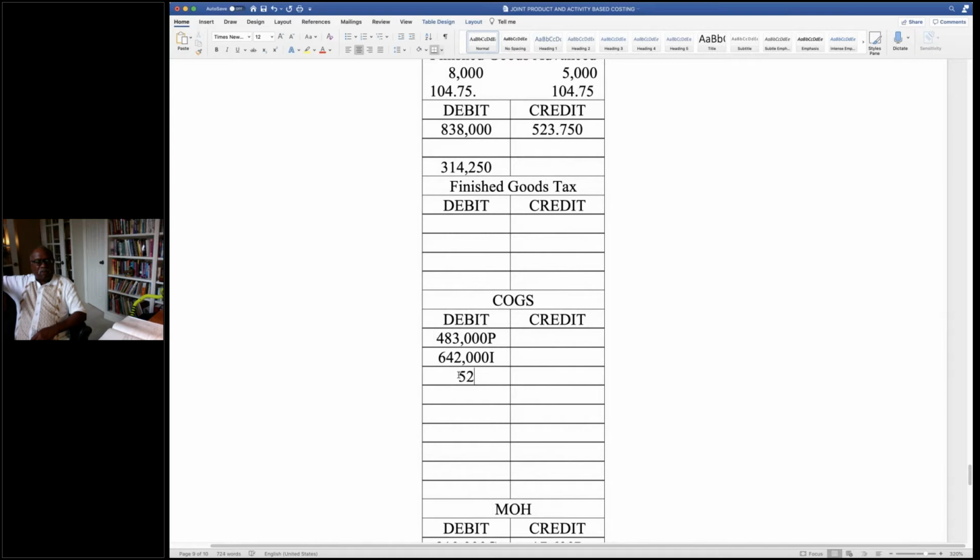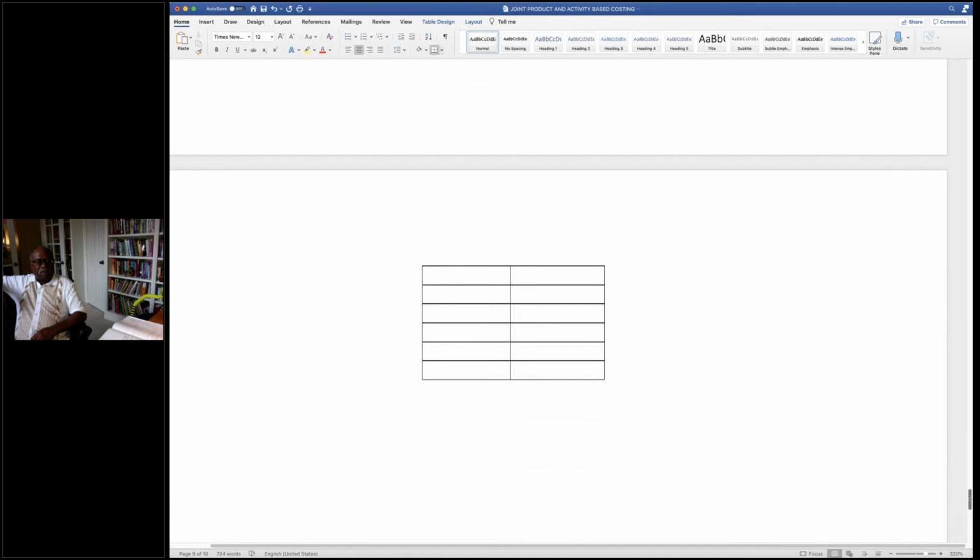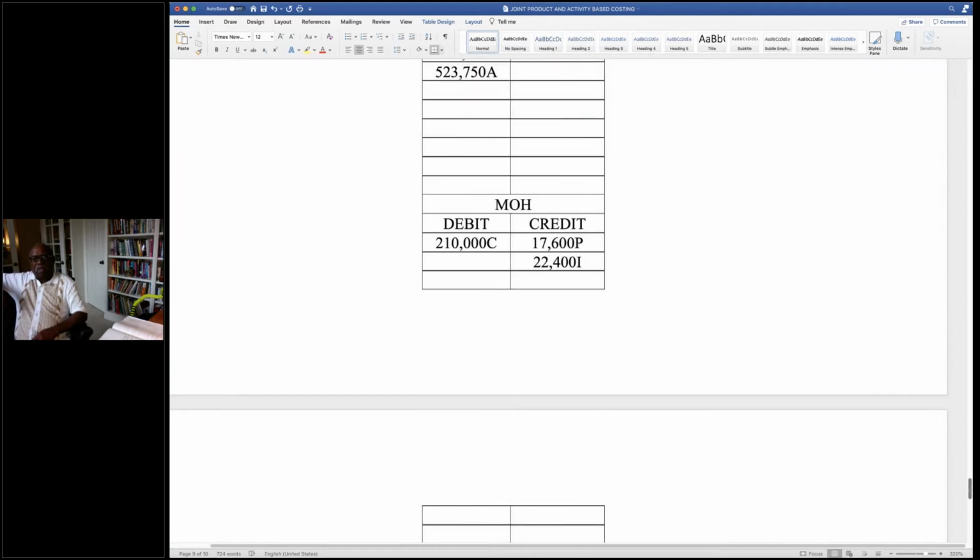Get 523,750. All right, money team. Let's go back up. And the manufacturing overhead, did you put the MOH? Yeah, that one's going to be 8,800. Jasmine should kind of just give them the amount for the T accounts.